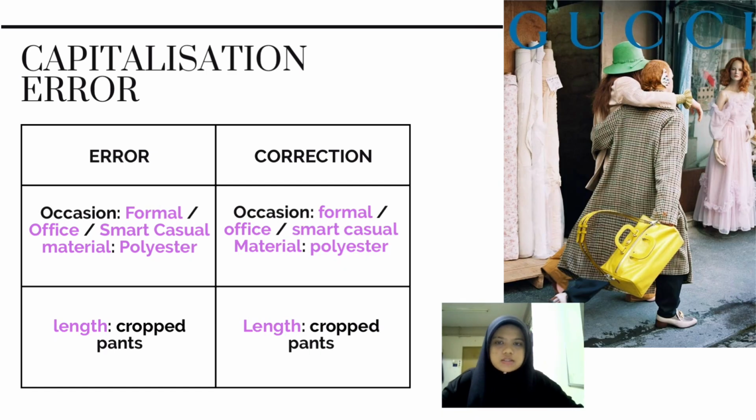Moving on to the next capitalization error that we have found in the first product description. In the first box, it is wrong because after the colon, it introduces a list, not proper nouns. Therefore, they need to be in lowercase letters. Next, the letter L in "length" should be capitalized because it appears at the beginning of a label.